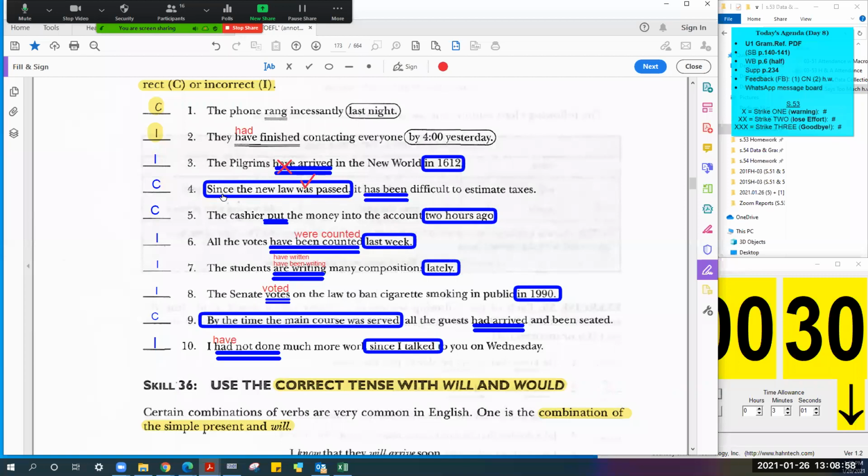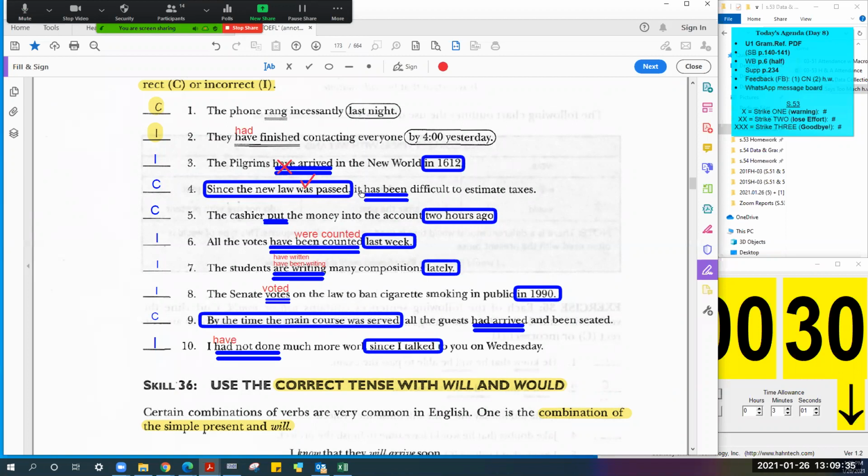Since that action in the past until now, this is called the present perfect. And with the present perfect, we talk about from the past until now. So that's why the present perfect is correct.